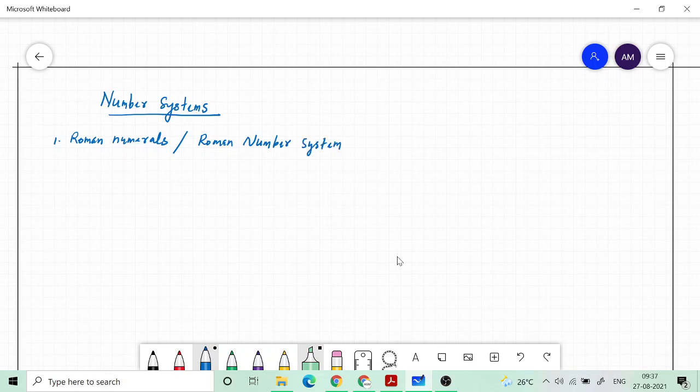So that was the earlier popular version of number system, because the Roman Empire spread across all of Europe into Asia and even some parts of Africa. So they had a big influence, and the number system which they were using was popular in the early days, but then it was replaced by the decimal number system.